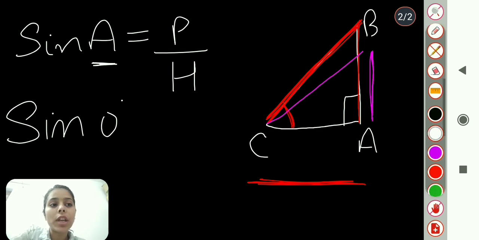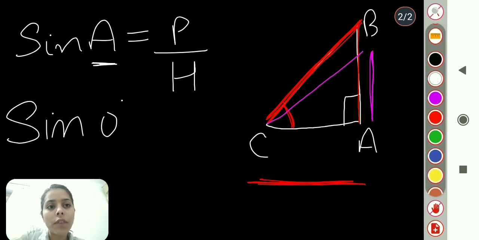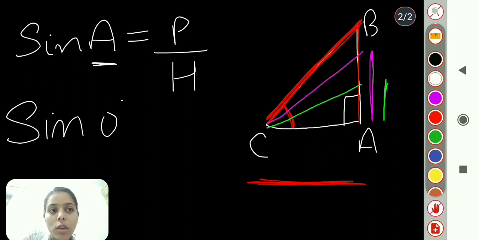In the same way, if I again reduce the value of this theta, I again reduce this value, at the same time the length of perpendicular also reduced, right? And after some time, what will I see? I will see this BC hypo reducing in this way.